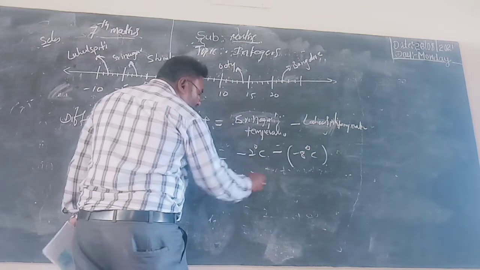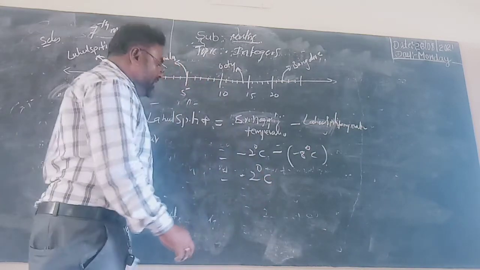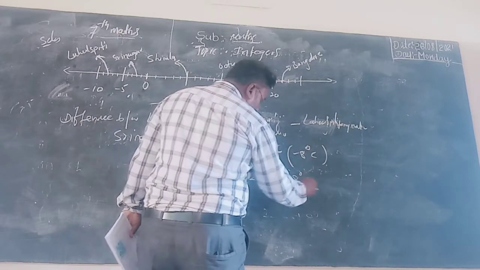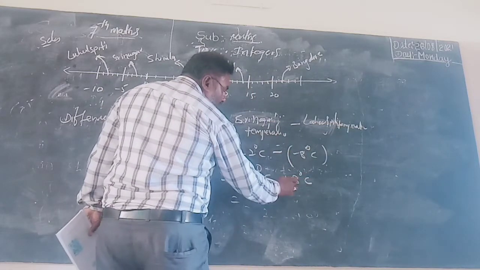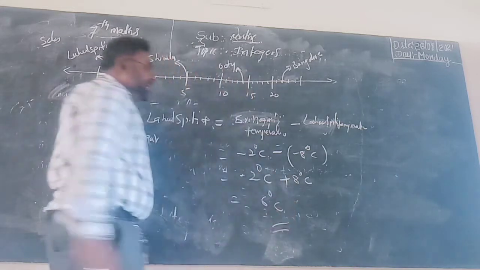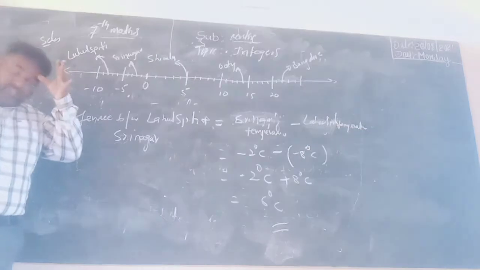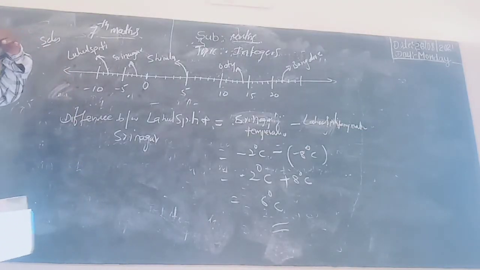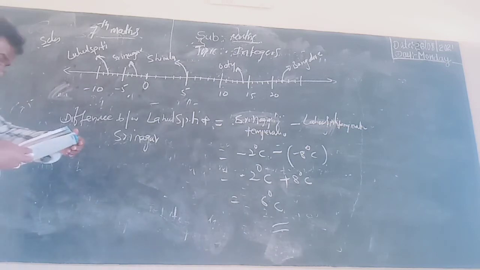That is equal to minus 2 plus 8, which is 6 degrees centigrade. So this is the difference between Lahul Spiti and Srinagar temperature.